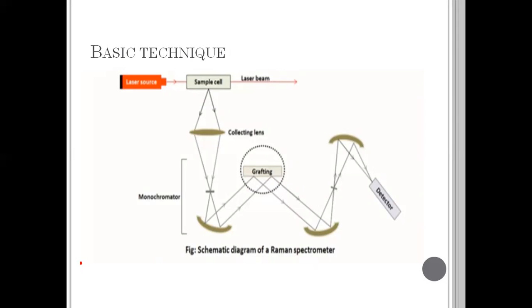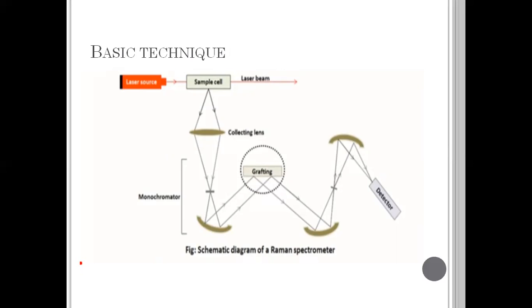Light scattered sideways from the sample is collected by a lens and passed into a grating monochromator similar to that used in a dispersive infrared instrument. The signal is measured by a sensitive photomultiplier, and after amplification, it is usually processed by a computer which plots the Raman spectrum. The use of plane polarized radiation gives information about the symmetries of molecular vibrations.